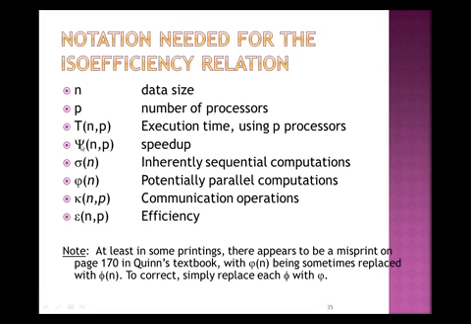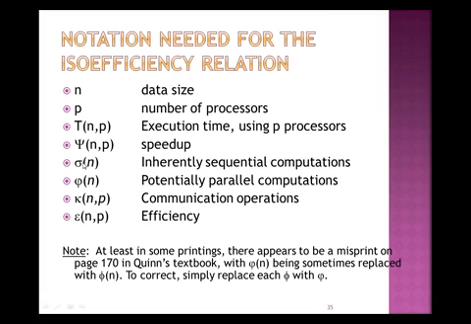Then this is phi, or psi, that is used for the speedup. This shows the speedup and T shows the execution time. In the same way, this symbol, sigma, the inherently sequential computation, is used for sequential computations. Then phi is used for the parallel computation.